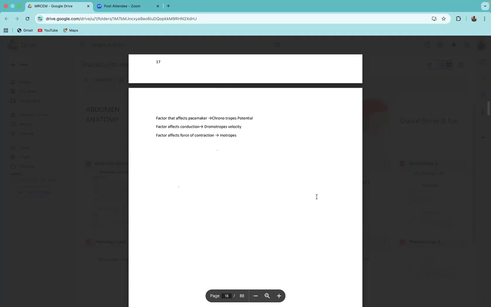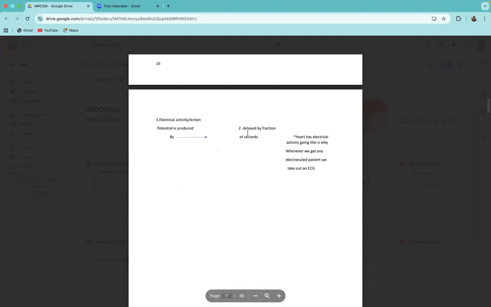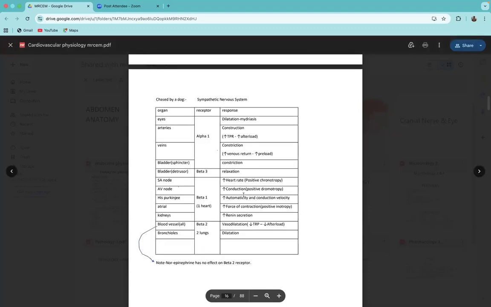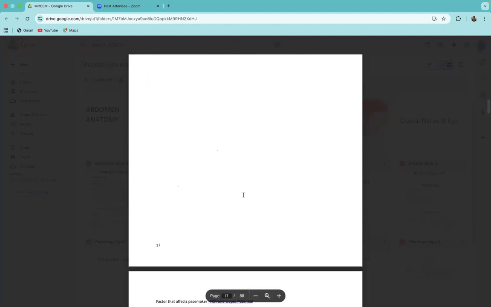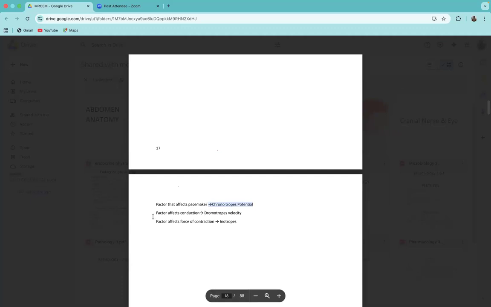So, factors that affect the pacemaker are basically the chronotropic effect. A positive chronotropic effect is caused by sympathetic activity or beta 1. But in case of the M2 receptor or parasympathetic activity, there will be a negative chronotropic effect. Okay. And factors that affect conduction velocity are basically dromotropic activity, and factors that affect the force of contraction are basically inotropic activity.